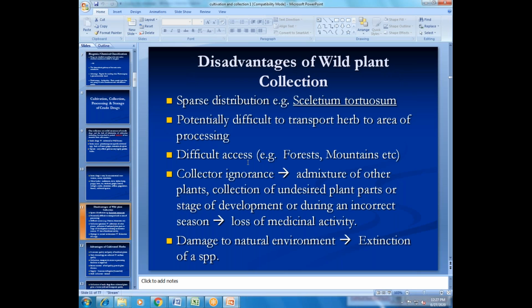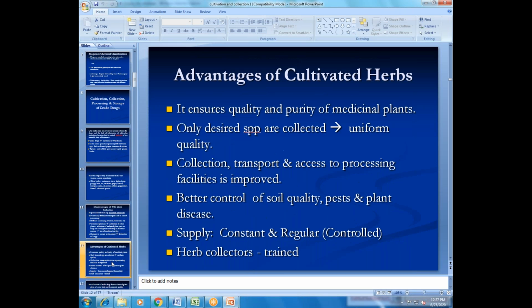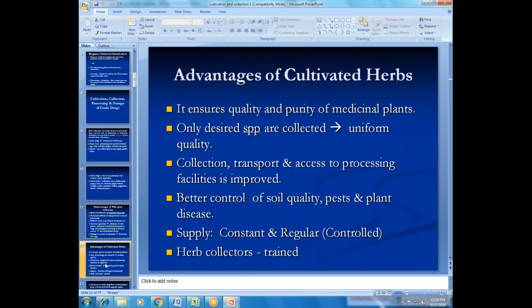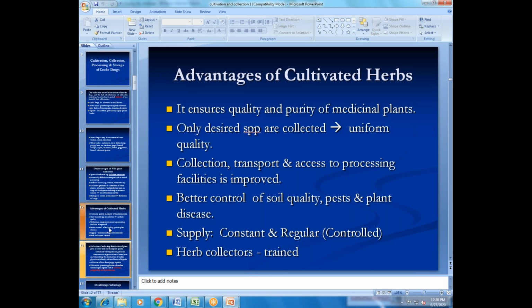So disadvantages, I think you can see the slide. Disadvantages of wild plant collection, this I want you to read. Advantages of cultivated herbs, I want you to read. I don't want you to take advantages of the cultivated one down now.